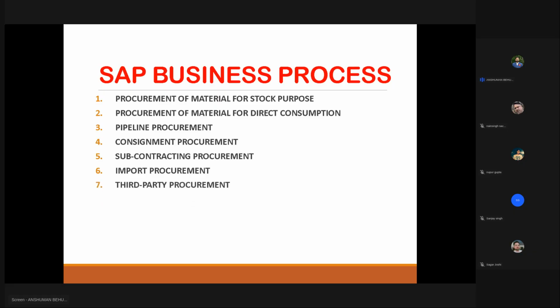Next one is third party procurement. What is third party procurement? If you place an order on Amazon or Flipkart, normally they don't have any manufacturing unit or warehouses.